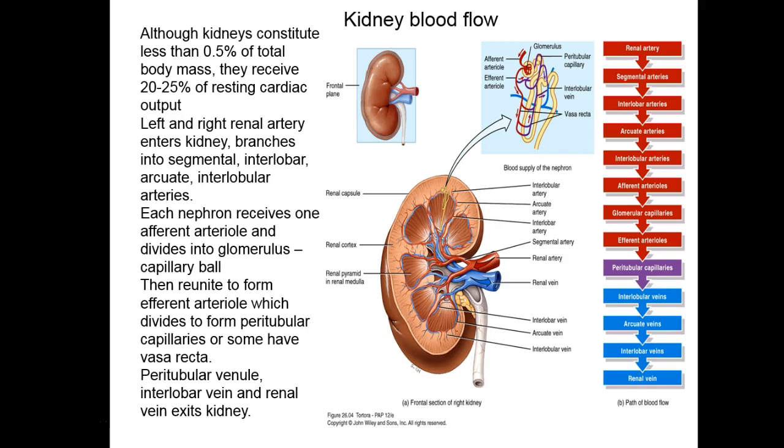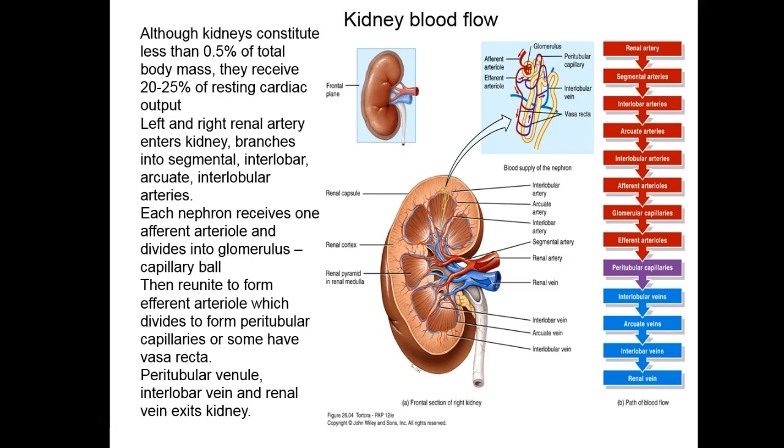The right and left renal artery branches into segmental arteries, then into the interlobar, arcuate, interlobular arteries. So you have this direction.